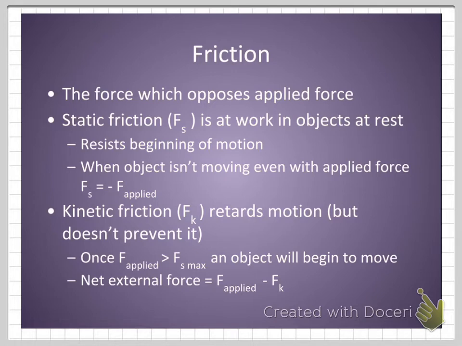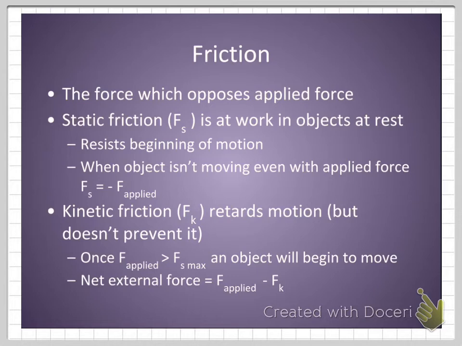And static friction only works when things are at rest. So the initial process of getting something moving is the process of overcoming static friction. Once it breaks loose and moves, then you're no longer dealing with static friction, you're now dealing with kinetic friction, because kinetic friction is the frictional force that's opposing the motion.